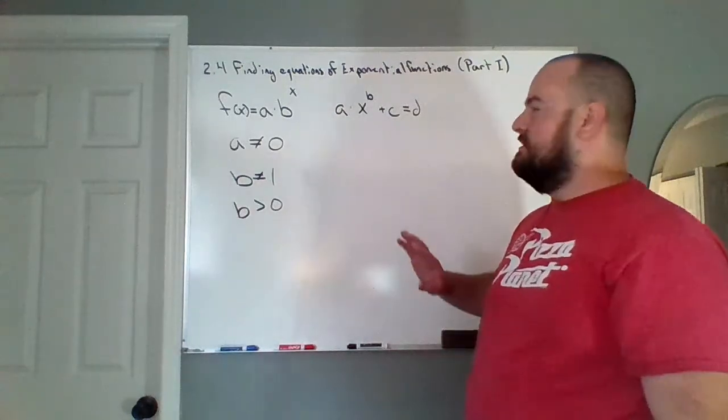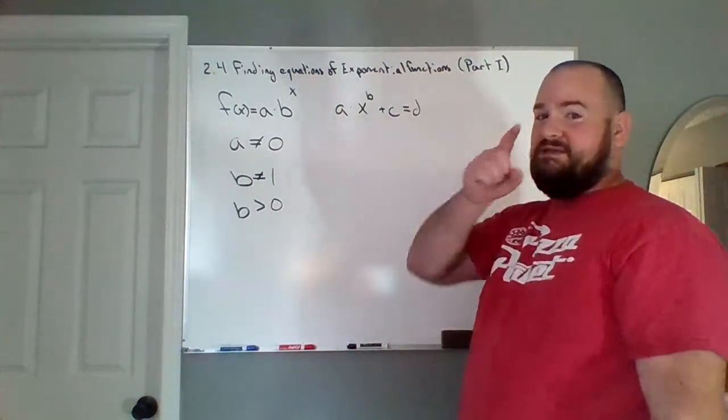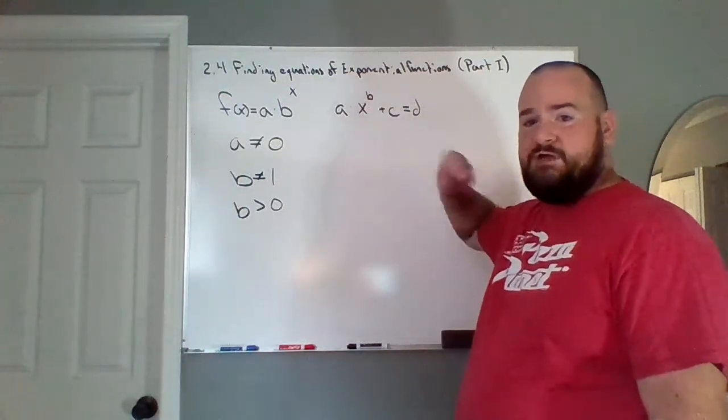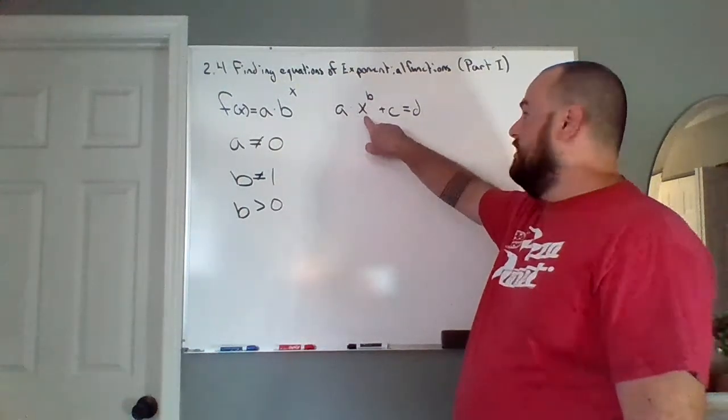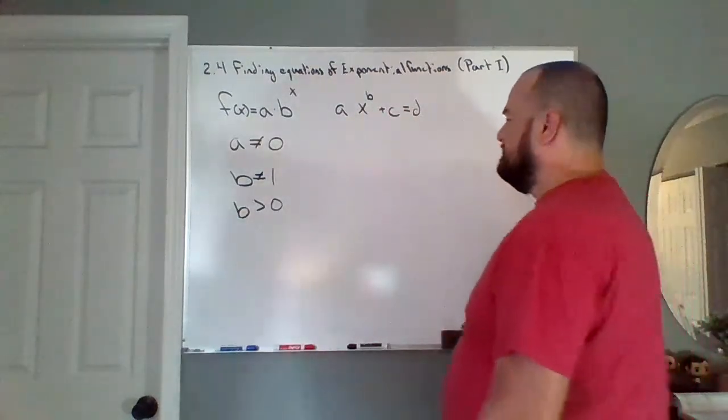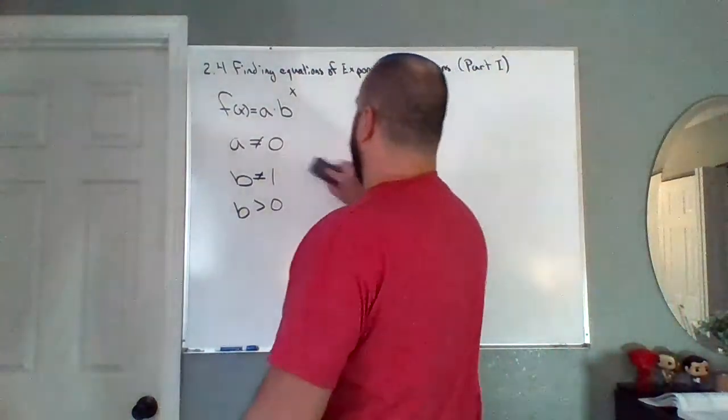Where the variable is in the exponent, that's going to be chapter 3. Here we're going to be solving where we have essentially a power equation where our unknown is the base of the exponent. So we're going to talk about how to get rid of that exponent. And it's a really simple process.